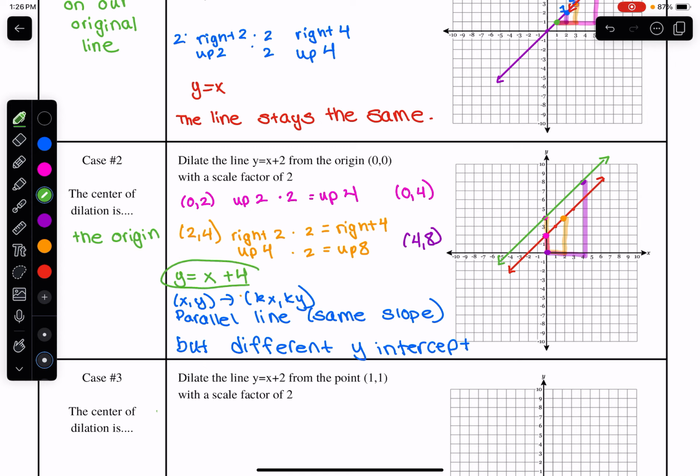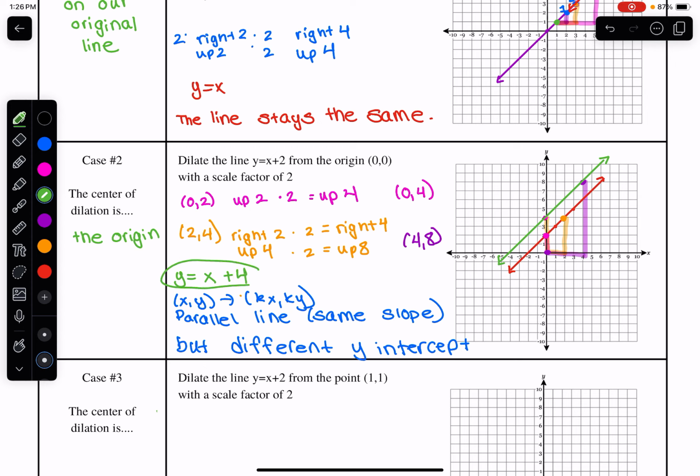Now our final one, dilate the line y equals x plus 2, so same line as before, from the point 1, 1, with a scale factor of 2. So now our center of dilation is not on our line, and we're looking to see what happens. So I pick 2 points on my line, and I'm going to see what my distances are going to become.